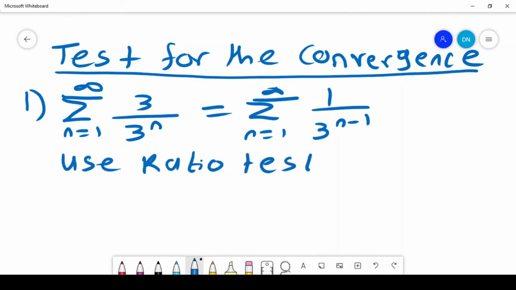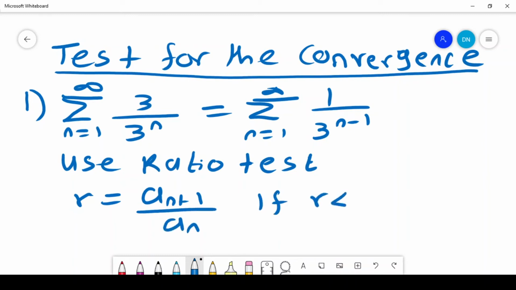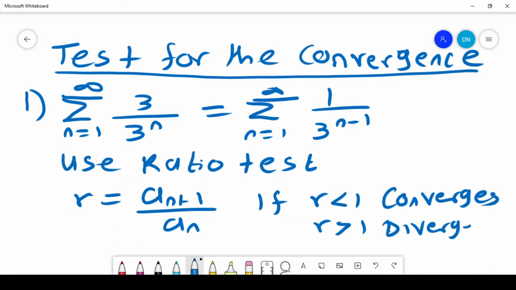I want to see how the ratio test works. One of the things we want to keep in mind is that we calculate the value of R, which is given by a(n+1) over a(n). If R is less than 1, then the series converges. If R is greater than 1, it diverges.